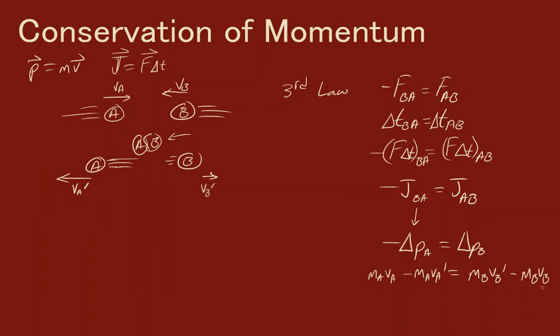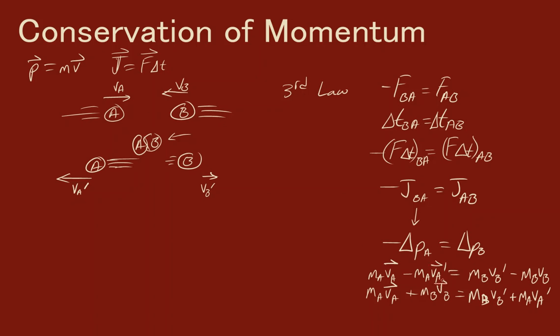I'm going to add the two negatives to each side. And here, right away, I left this out. Remember, momentum is a vector.